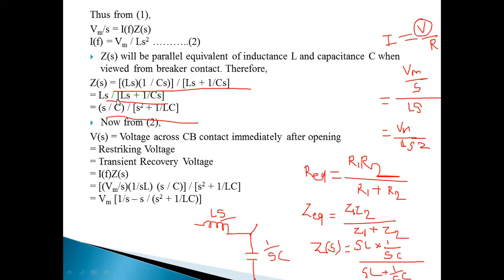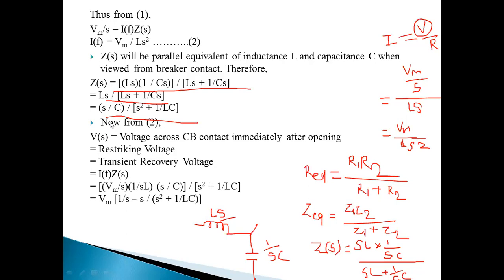So our equation is now equal to S upon C divided by S square plus 1 divided by LC. Now from equation number two, V of S is equal to the voltage across the circuit breaker contact immediately after opening.